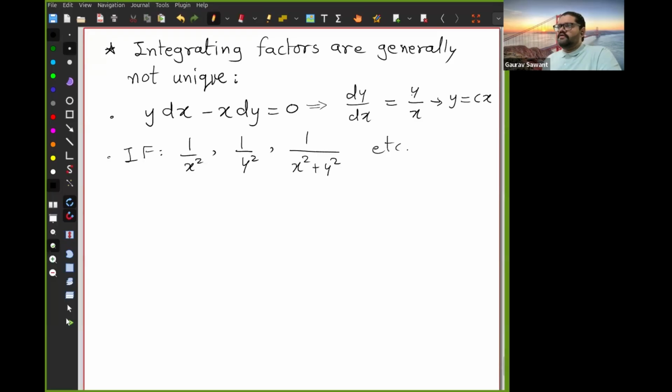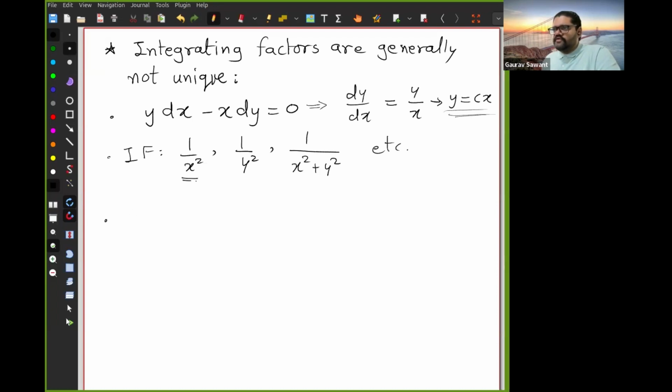You will have log y equal to log x plus some constant, and then it will become y equal to cx in the end. Let's see what happens with the integrating factors. You should get the same answer in the end.